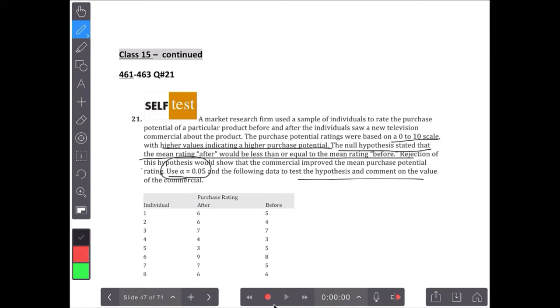and test whether or not the commercial was actually valuable in increasing the purchase potential. So essentially what we want to assess in terms of hypotheses is that HA, our research hypothesis, is that mu D, which we define as mu 1 minus mu 2, let's call it mu after minus before, is greater than 0, because after, the purchase potential is higher.